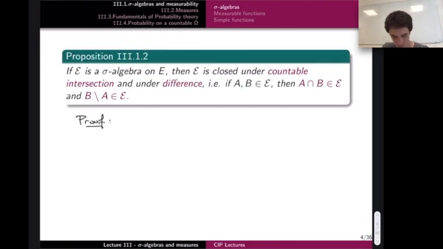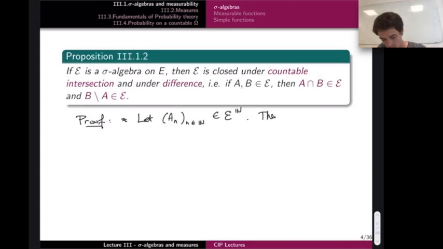So how do we prove that it's closed under countable intersection? First point, let A_n be a family of sets which are in calligraphic E, in the sigma algebra.